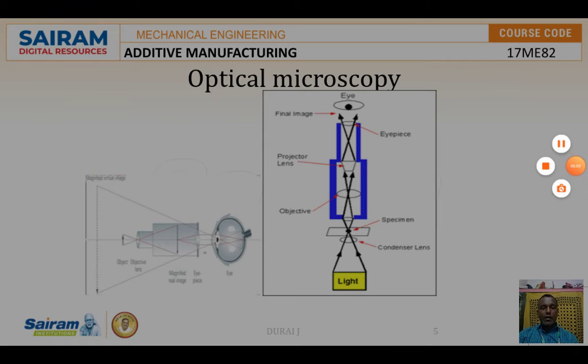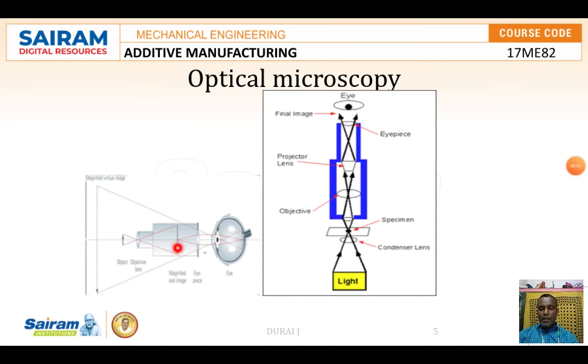In the optical microscope, with the help of the light source, light is projected towards the component, so we can clearly view it. Otherwise, it will be very difficult to find the component if you are not providing any light source.